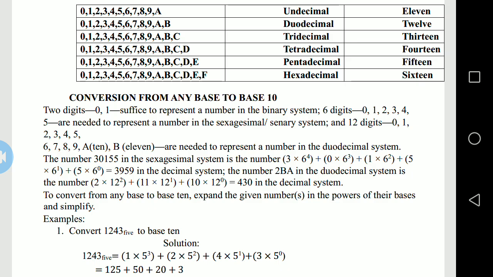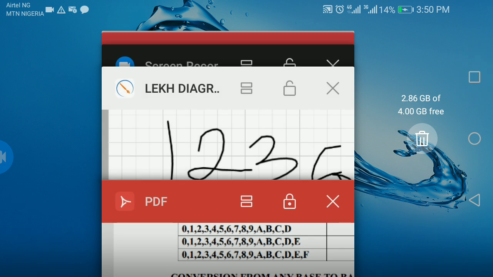You will expand the number by multiplying each digit by the base raised to the power, raising the base to the index. Do you understand? As we have here, let me show it from the board. So we have 30155. Let's expand this from the board.